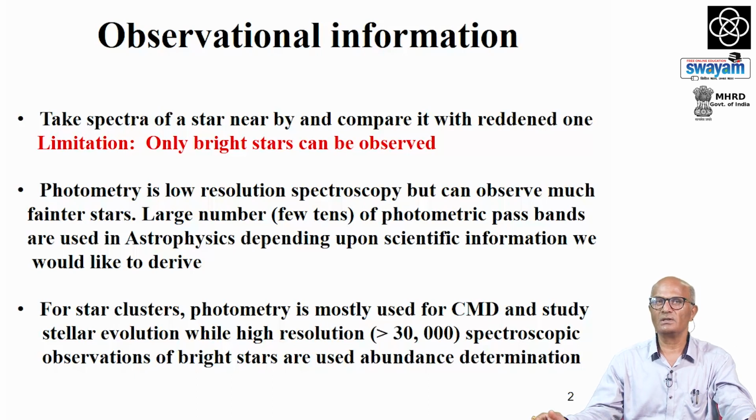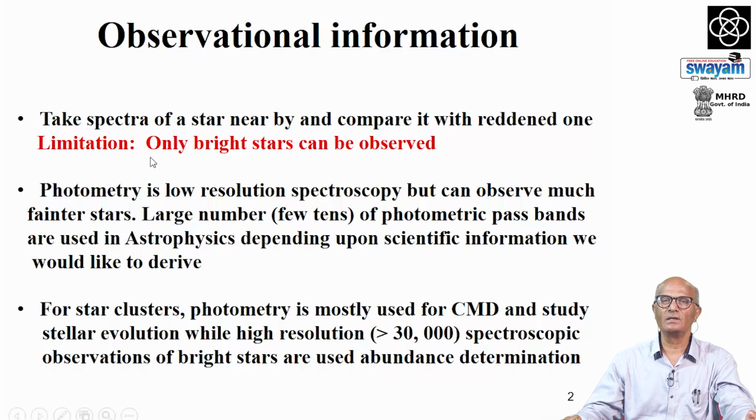What I mean is that the nearby star has no reddening. So, it is like an unreddened star, but a reddened star will have interstellar absorption effects. And when we compare these two spectra, we can find out the attenuation due to interstellar matter.